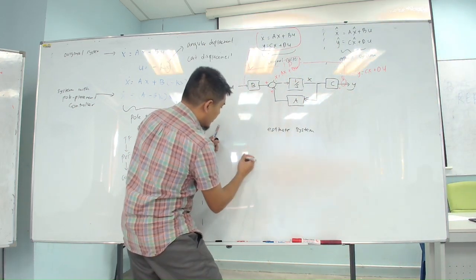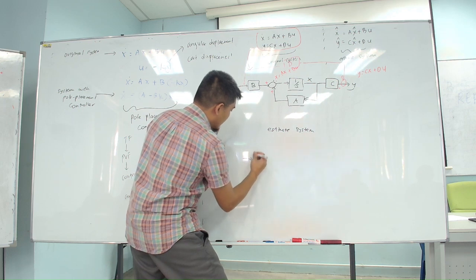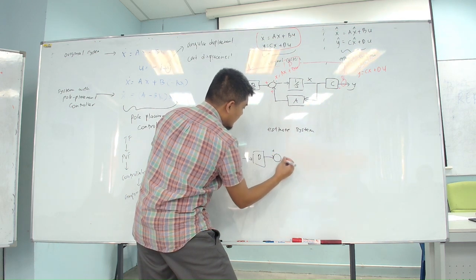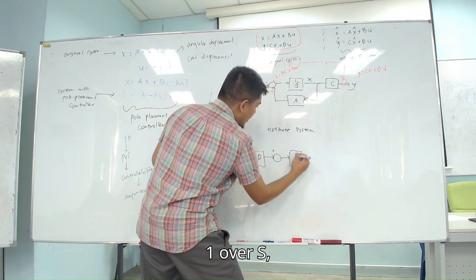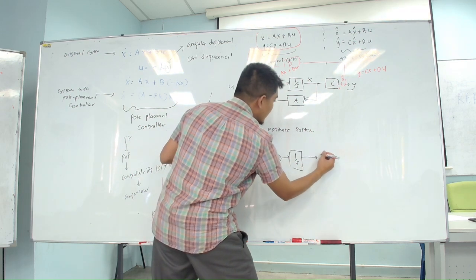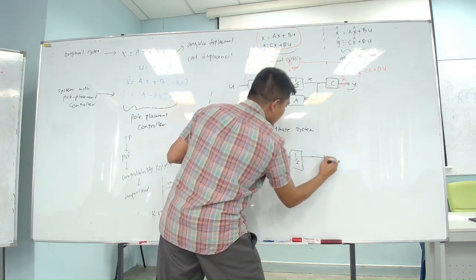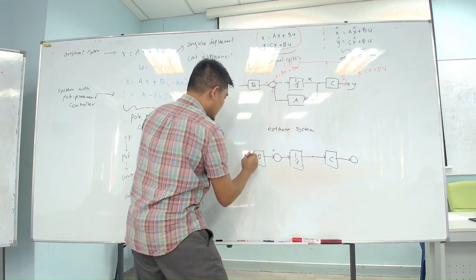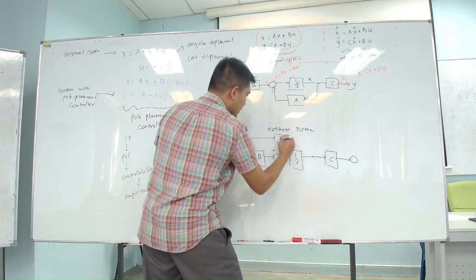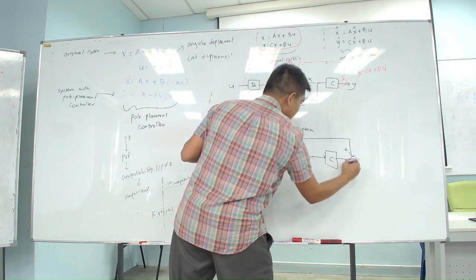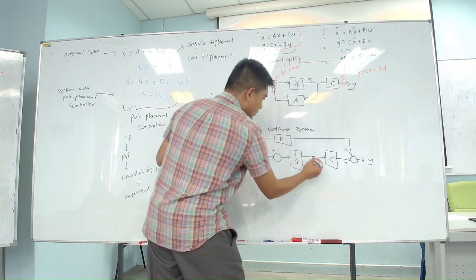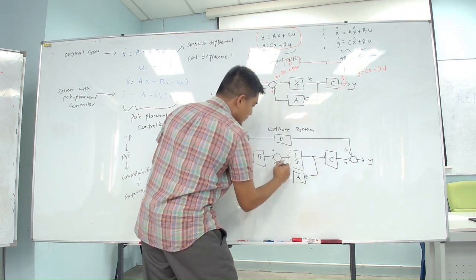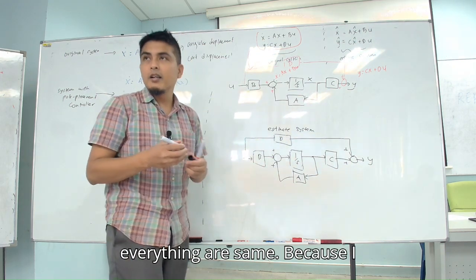So we just put B, 1 over s, C, D, A, everything is the same.